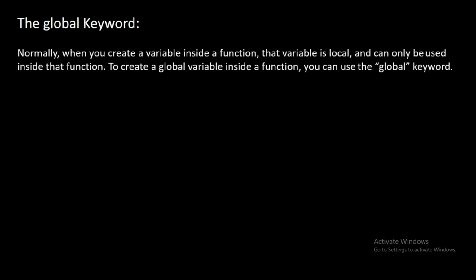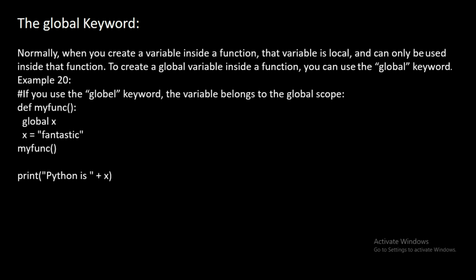The global keyword: we can use the global keyword for declaring variables for the whole program. If you use the global keyword, the variable belongs to the global scope, right? In this function we are declaring global x, and then x = fantastic.